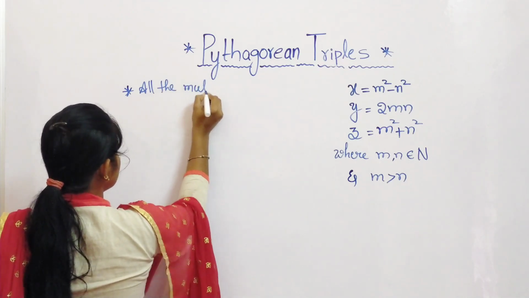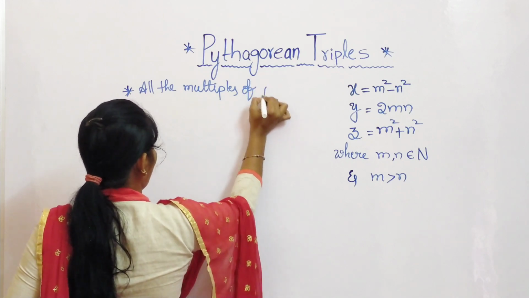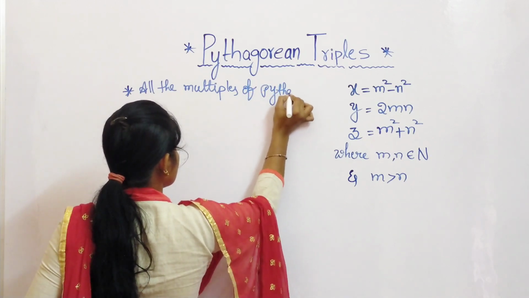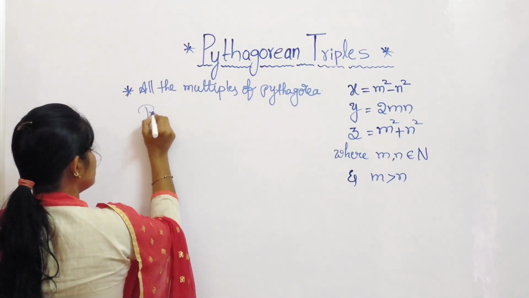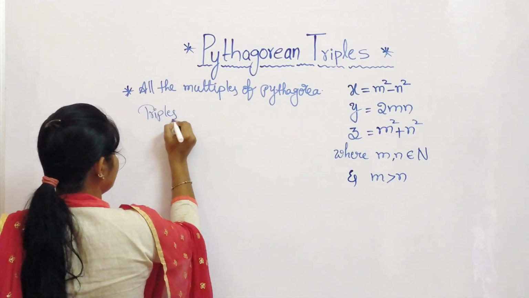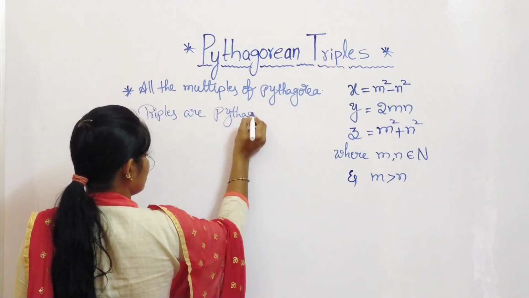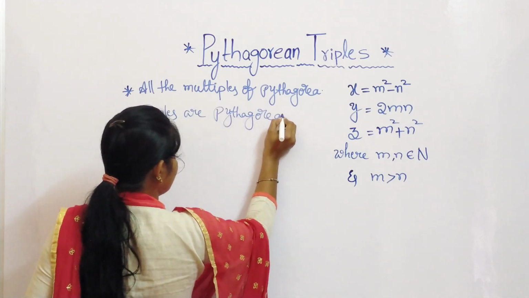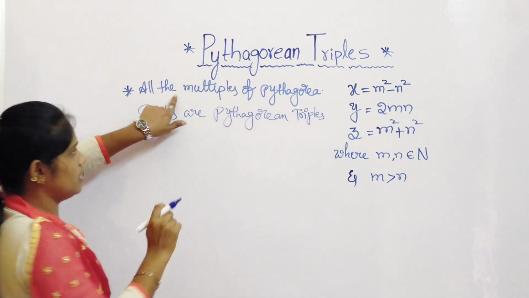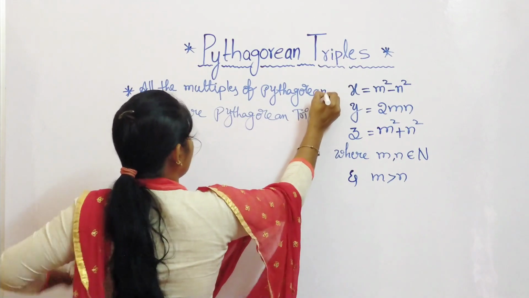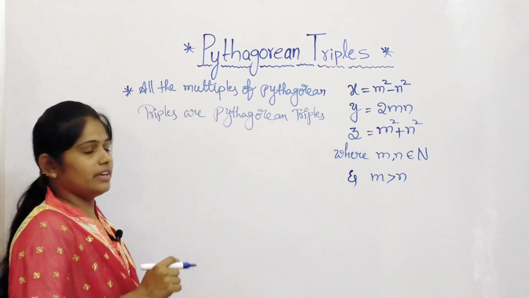So here is one more thing to remember, that is all the multiples of Pythagorean triples are Pythagorean triples. What does it mean?